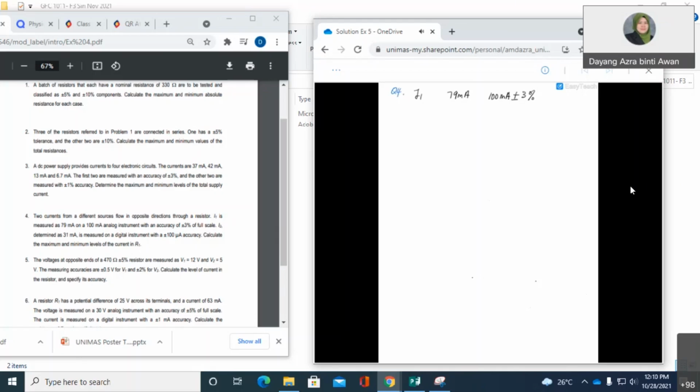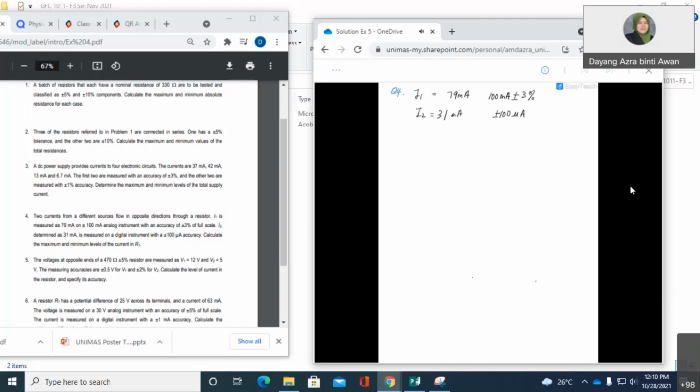Then we have I2, determined as 31 milliamp, measured with a digital instrument, so the accuracy is around 100 microamp.